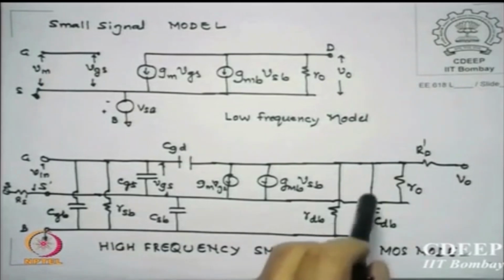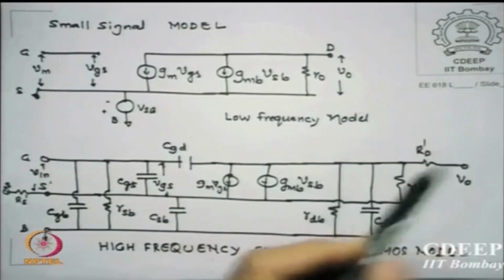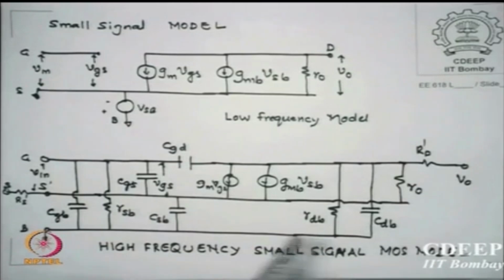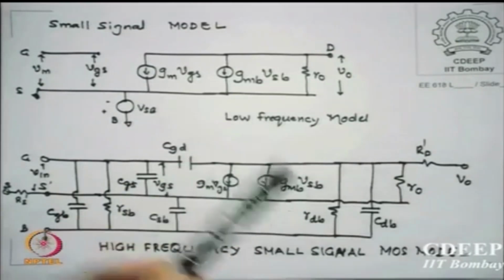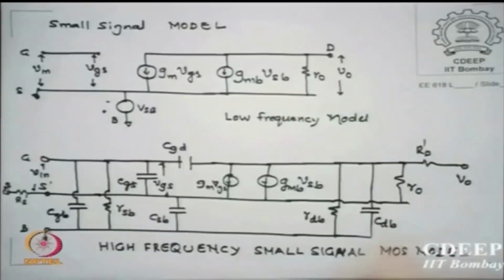Then there is a capacitance between drain and bulk, CDB, and a resistance on the drain side which is RDB. These are essentially the equivalent of a diode, with R in parallel with C. The resistances normally are very high, so open circuited, but as a logic we must put them in and then say okay, they are large, and may remove them.